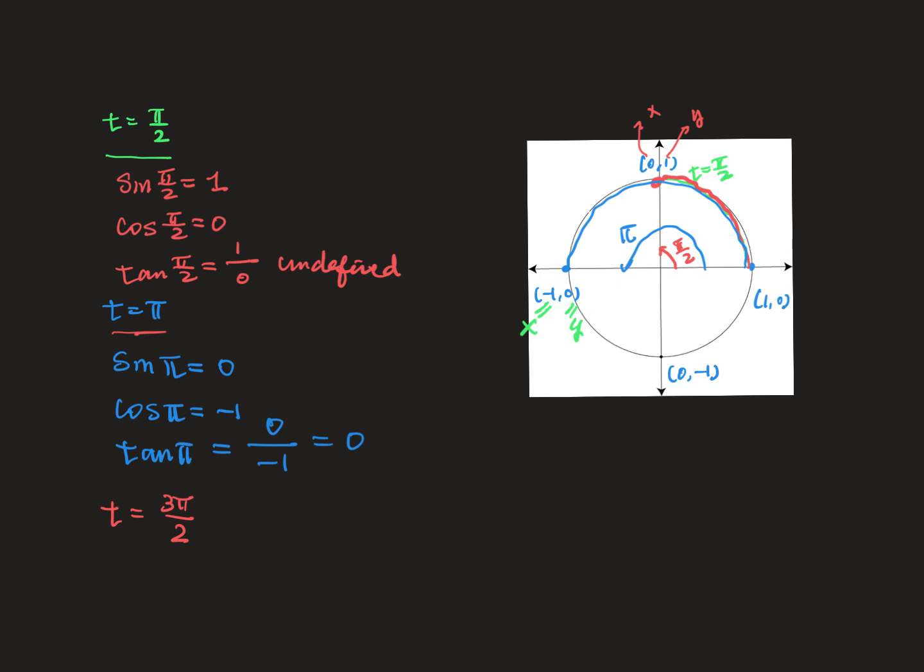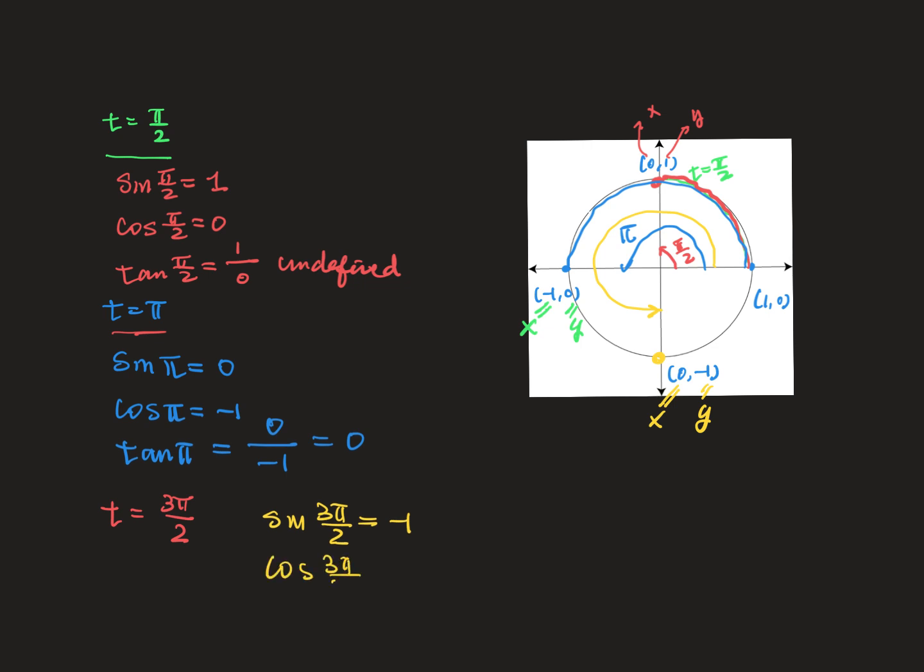Let's do one more. T is 3 pi over 2. Now the center angle is 3 pi over 2, all the way here. The point is right there, (0, -1), so x equals 0 and y equals negative 1. Sine 3 pi over 2 is the y value, negative 1.